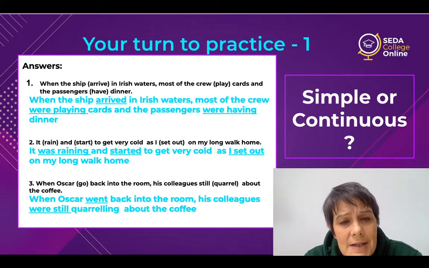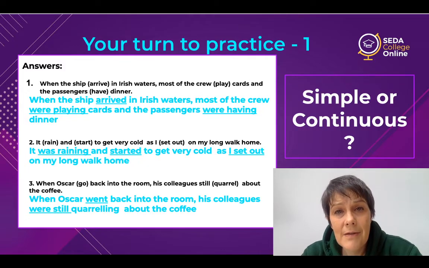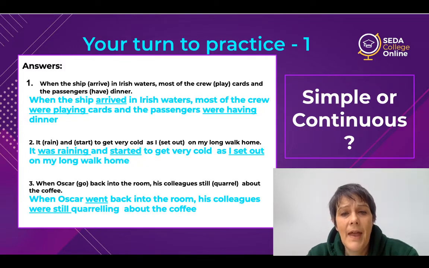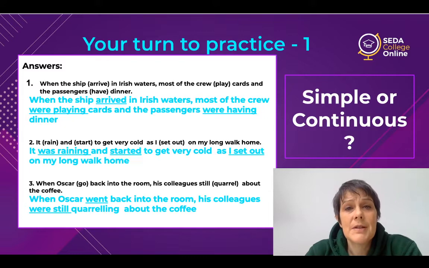Then started is a past simple because it just started very instantly. And I set out on my long walk home, like the moment that you took your first step, that's when it started. So that's why the first one's continuous and the other 2 verbs are simple past.